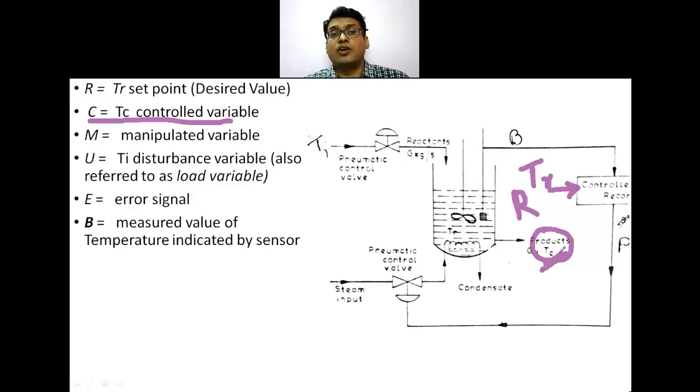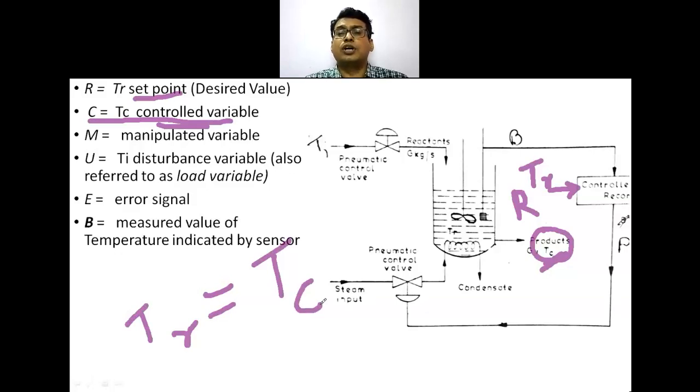That means my system will be achieving the desired target or desired value when the set point is equal to the controlled variable, that means Tr should be equal to Tc, the temperature of the controlled variable is equal to the desired value or the set point.